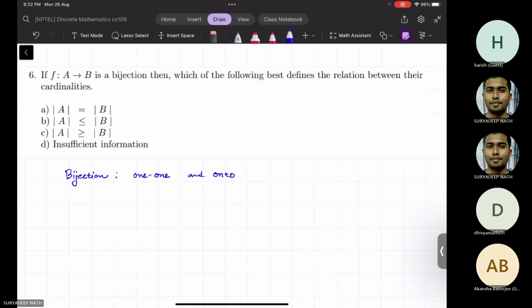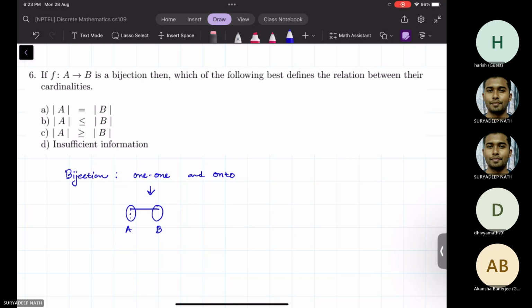Now, if it is one-one, you have this set A and this set B. What does one-one mean? Every element in A must have an image in B, a unique image, one image only.